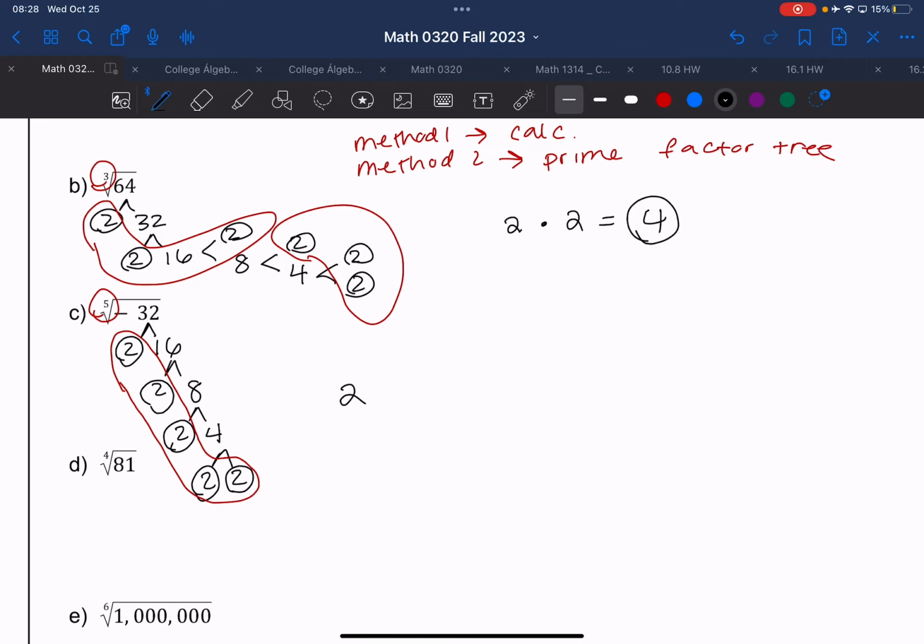So that means our answer has to be a negative. So it's going to be a negative 2. Okay, we know that for 2 reasons. We have a negative inside of the radical, and our nth root is odd. So we have a negative inside the radical, and that nth root of 5 is odd.